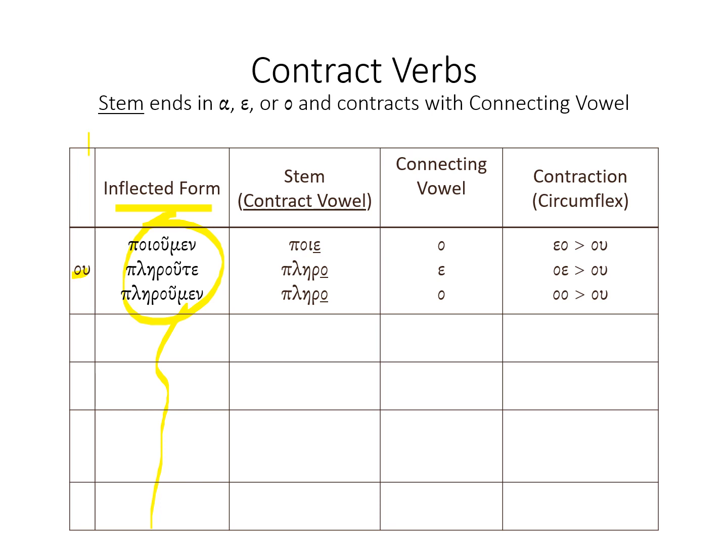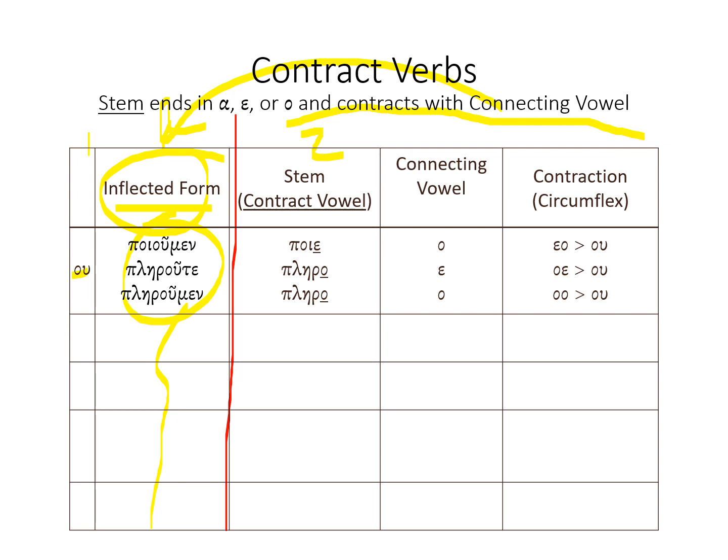And then you could put a hard mark right here between this first column and the second column. In these following columns, think about how we get to the inflected form. So here's what you're going to see in a text. How do we get there?